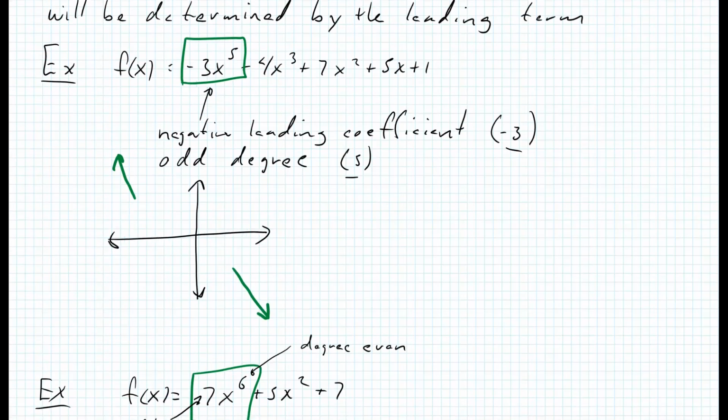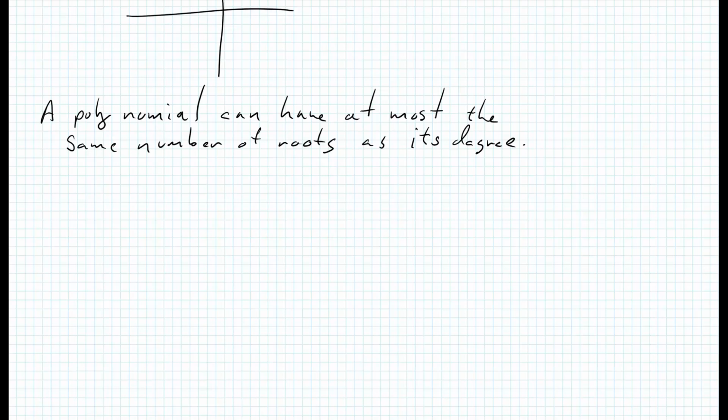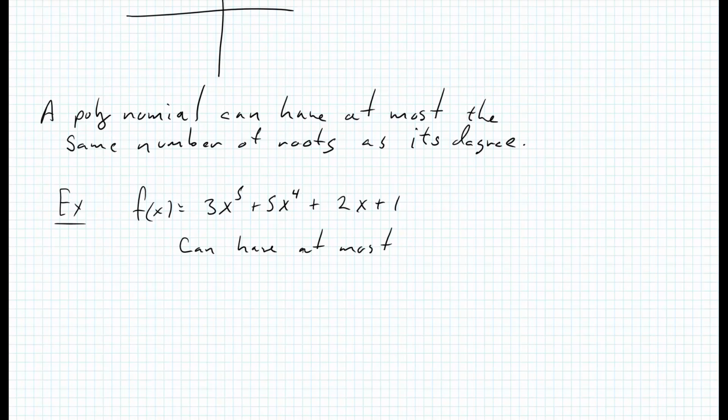A 5th degree polynomial can have at most 5 roots. So for example, this polynomial has degree 5. It can have at most 5 roots, or can cross the x-axis at most 5 times.